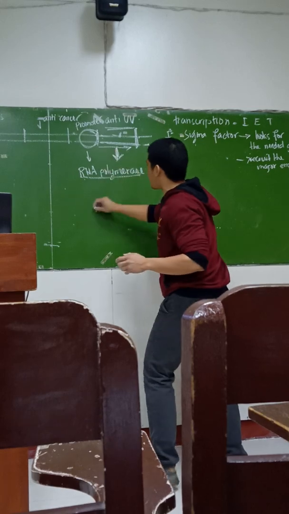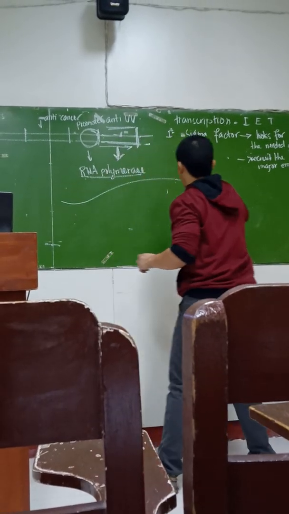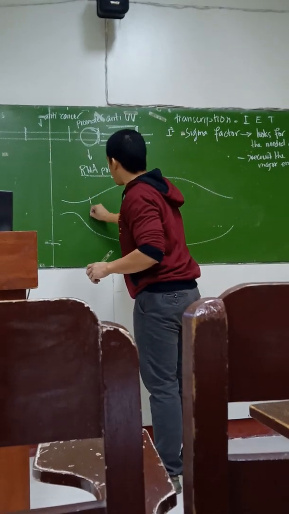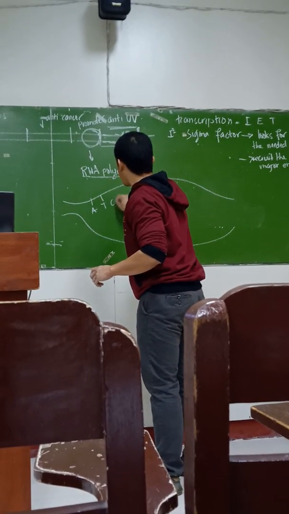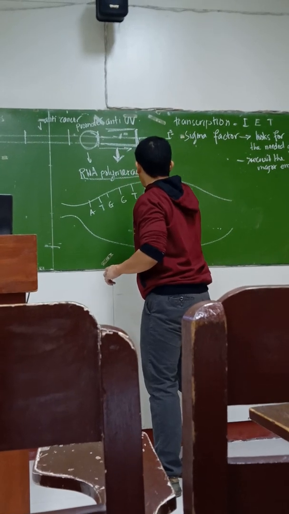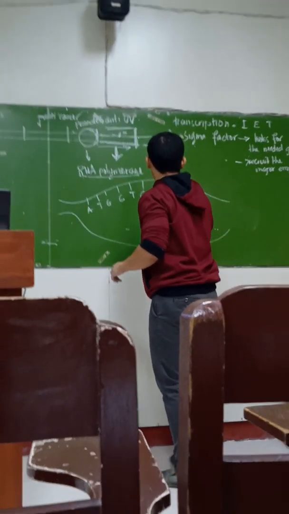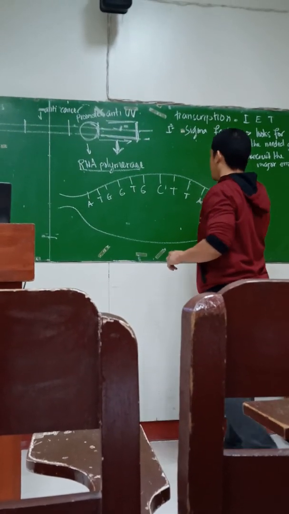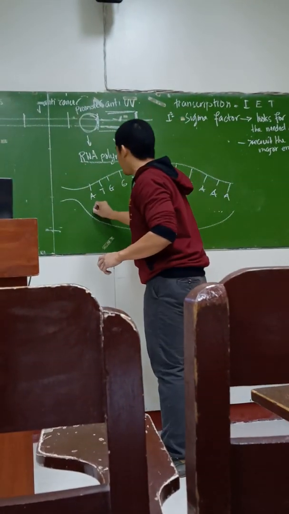So let's say, for example, yung gene natin is composed of, let's say, A, B, C, A, G, G, D, G, C, E, kunwari, ito yung ating gene which codes for the anti-UV protein.